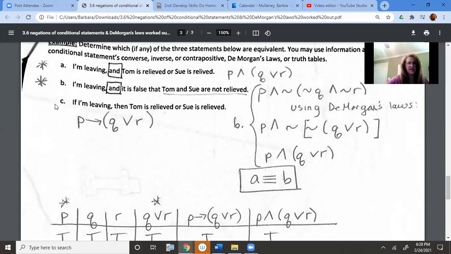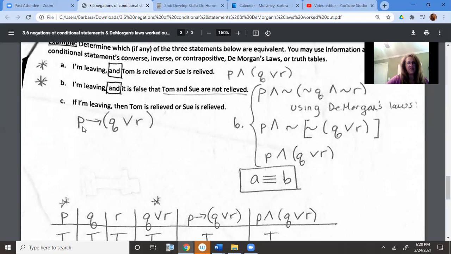Now we're going to look at C. If I'm leaving, then Tom is relieved or Sue is relieved. So if P, now we have this dominant comma, the word then. This is an if-then. It's a conditional. So we use the arrow to show that this is a conditional statement.